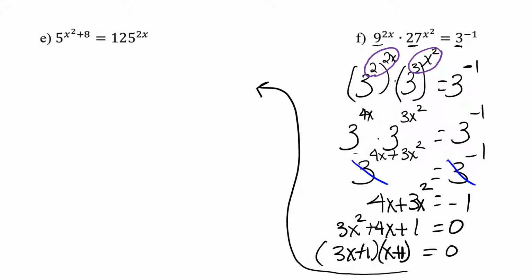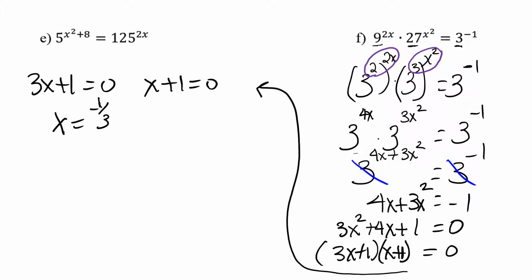When I do, I get that 3x plus 1 equals 0, or x plus 1 equals 0. And when I solve this, x equals negative 1/3, and x equals negative 1. And that is the answer to that.